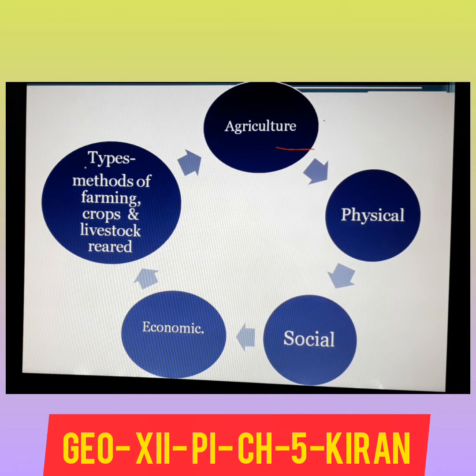Hence, the world has different types of agriculture based on the method of farming, the type of crops cultivated, and the livestock reared in that particular type of agriculture. So, in the next part, we will understand different types of agriculture which are practiced in different parts of the world.